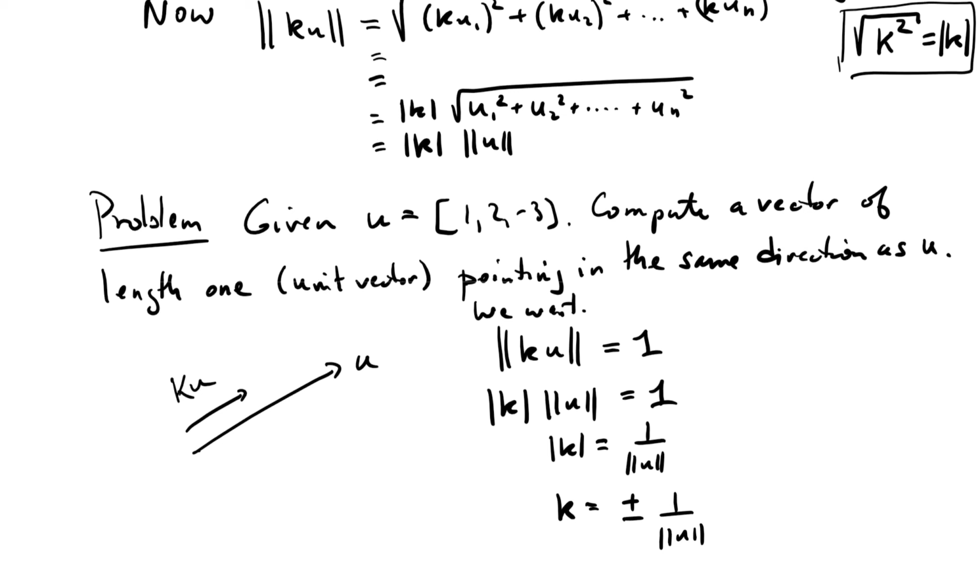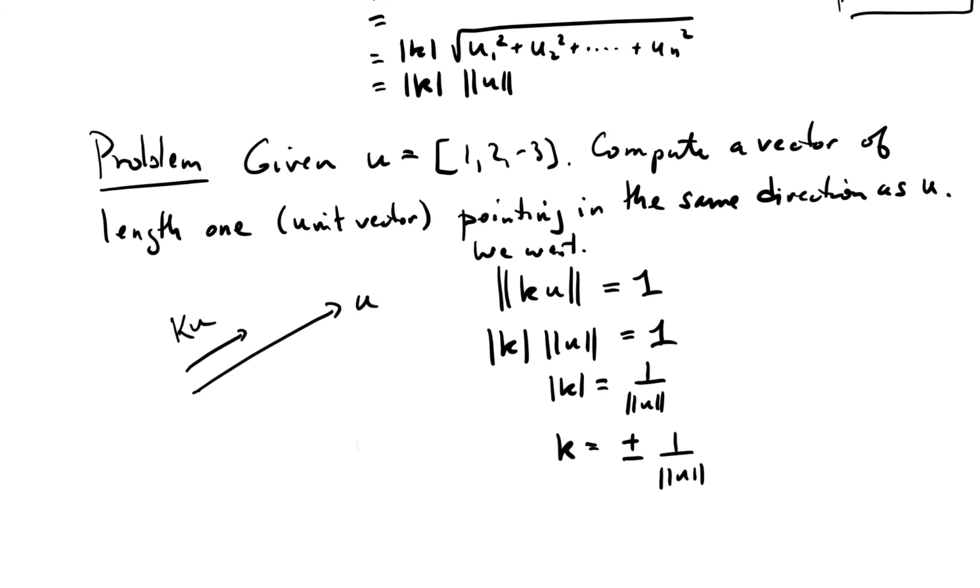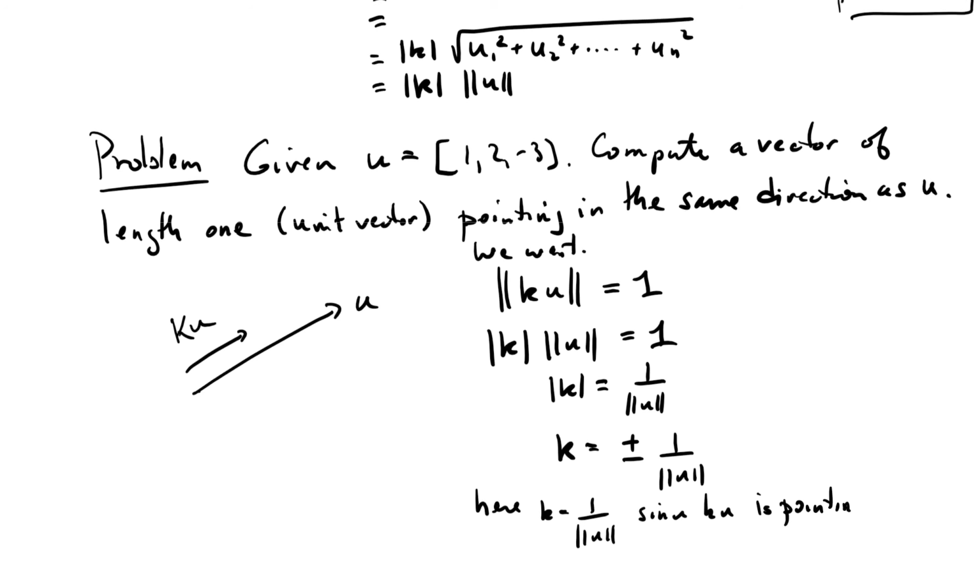But 1 over the norm of u is a positive quantity. So if I want it to be pointing in the same direction, I want to choose the positive value. So therefore k equals 1 over the norm of u, because ku is pointing in the same direction.